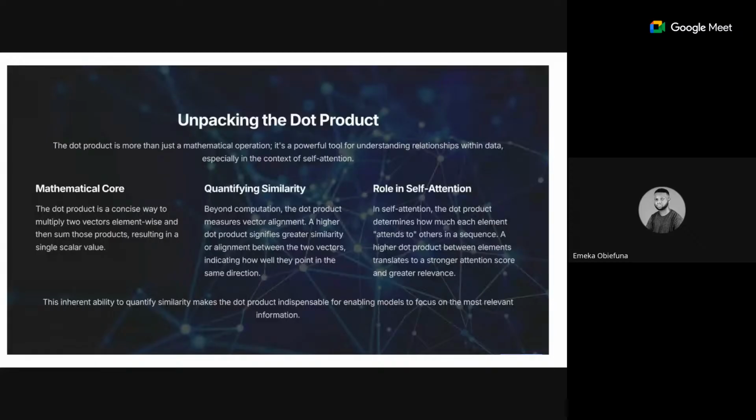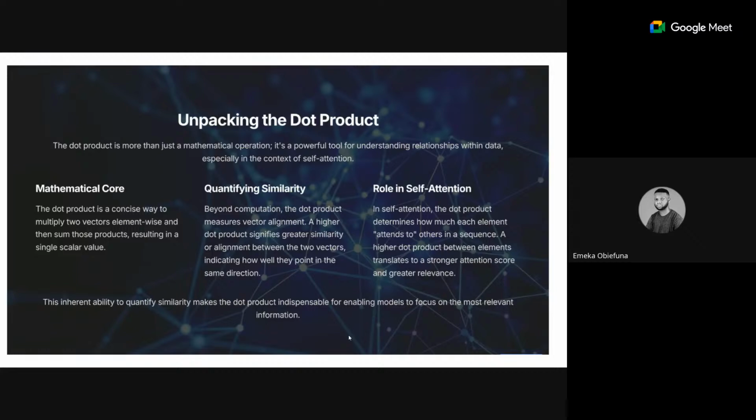If you do the same for Johnny versus the third input token in your sequence, it's going to tell you the similarity between Johnny, the second input token, and the third input token in that sequence. So in other words, the dot product helps us to quantify similarity. It helps us know how similar these two multiplied vectors are.